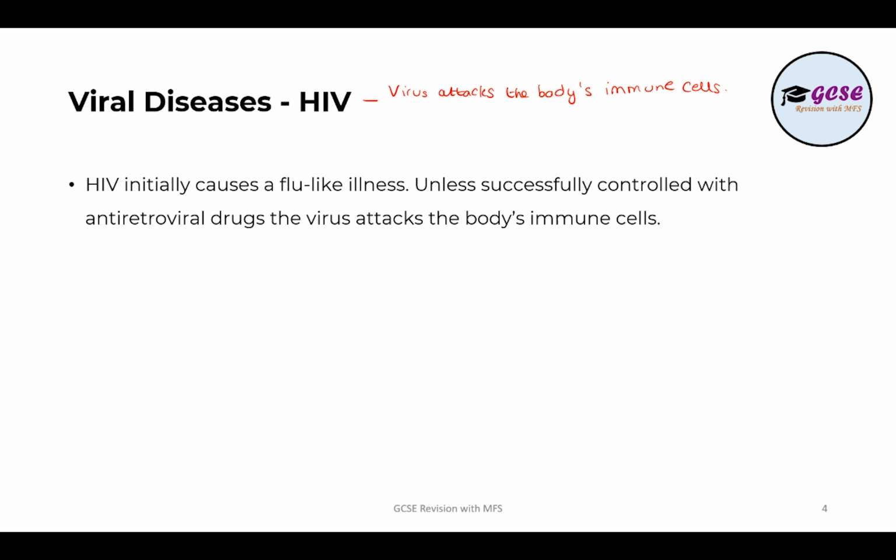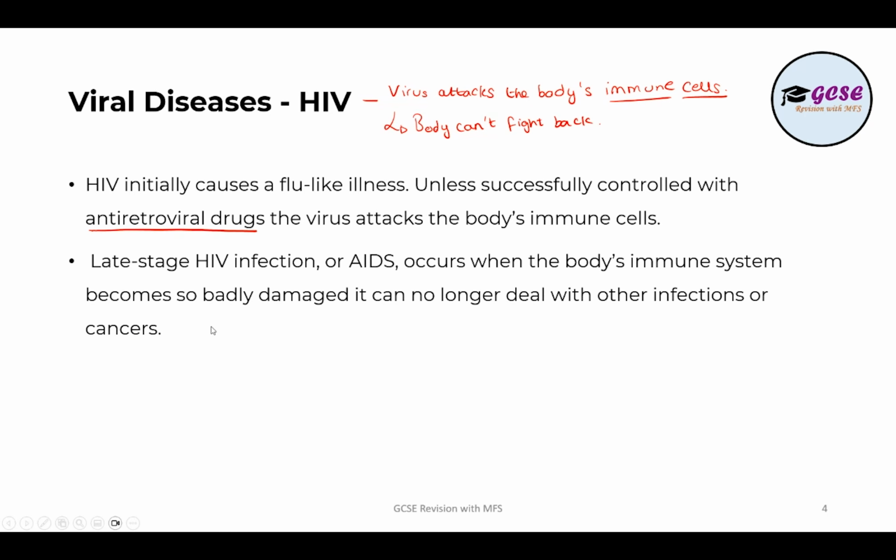So the body can't fight back to this virus. Because this virus, its aim is the body's immune cells, and the immune system is how diseases are cured in the body. But if it attacks the immune cells, then the body cannot fight back. And the way to control this disease is antiretroviral drugs.